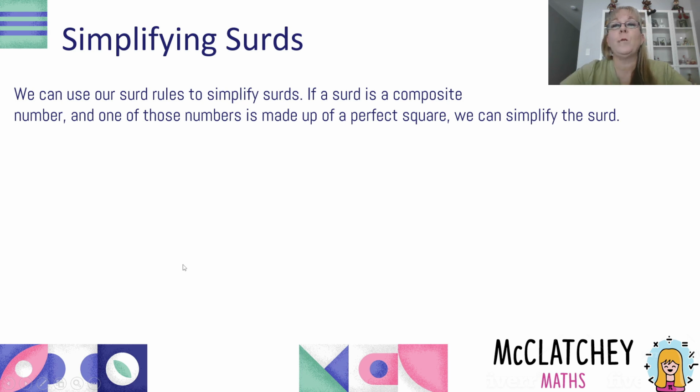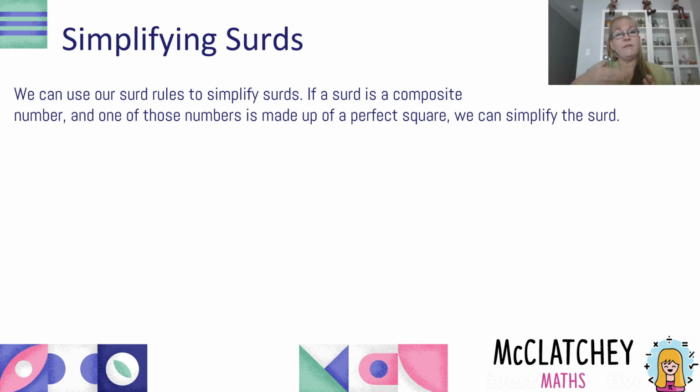Okay, now we're going to talk about simplifying surds. Those surd rules are going to enable us to simplify them. If we've got a surd that is made up of a composite number, two numbers multiplied together, then if one of those numbers is a perfect square, we can simplify the surd. Now, you might be wondering, what does she mean by perfect squares?